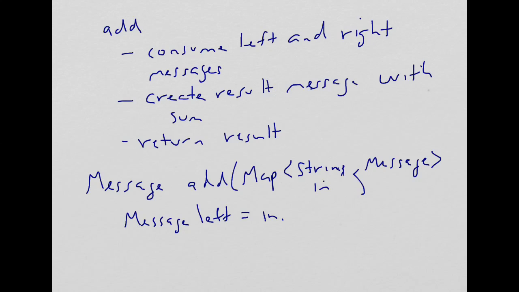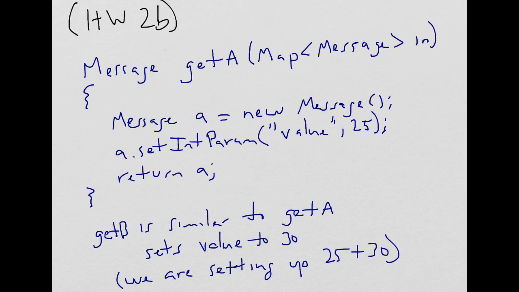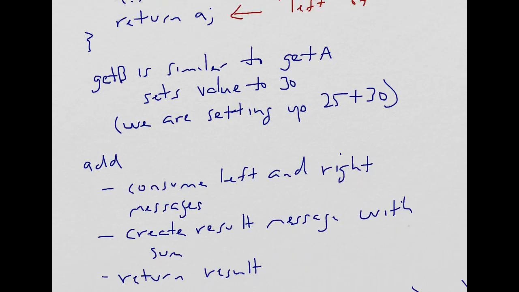So in dot get, and we're going to get the left operand, or the left value that came. Now what is that left value? It is actually going to be the message that got returned by A. So basically this is going to become the left message of what?